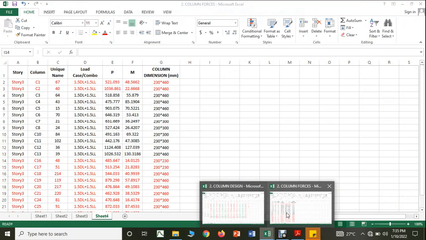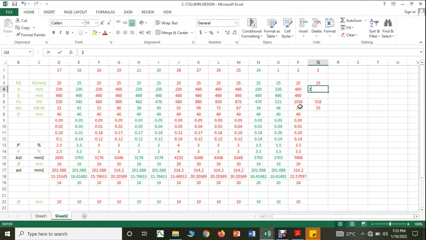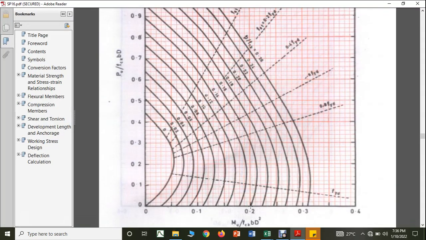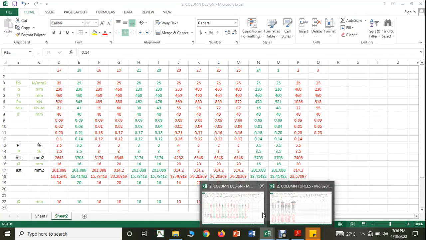The actual dimension is 230 by 460, and d dash is 40 mm. So d dash by D is 0.09, M by fck b D squared is 0.05, and Pu by fck b D is 0.20. With 0.20 and 0.05, it comes out to be again 0.14%.